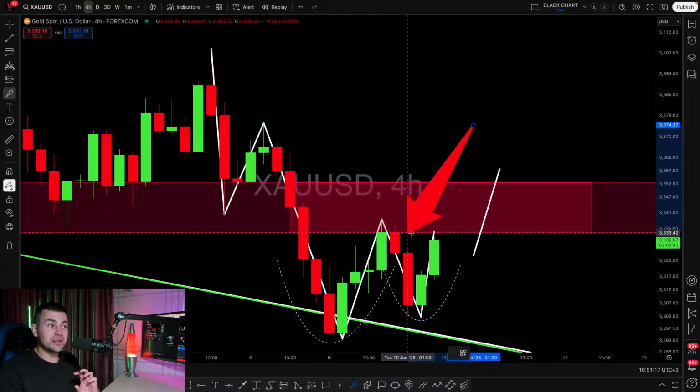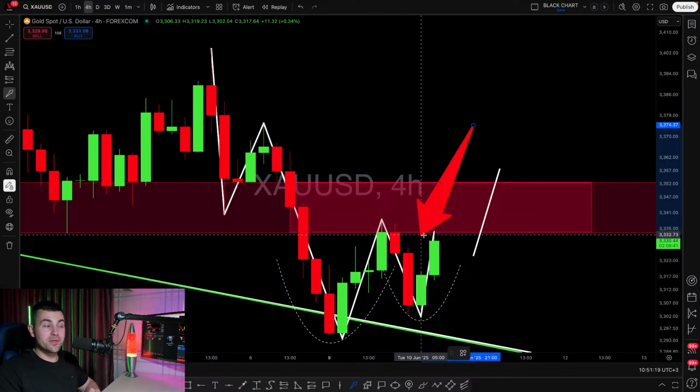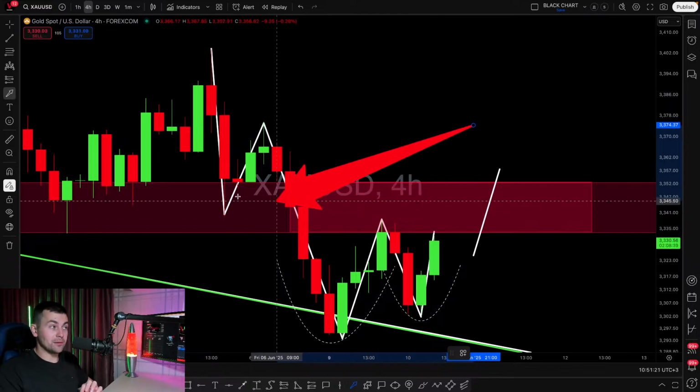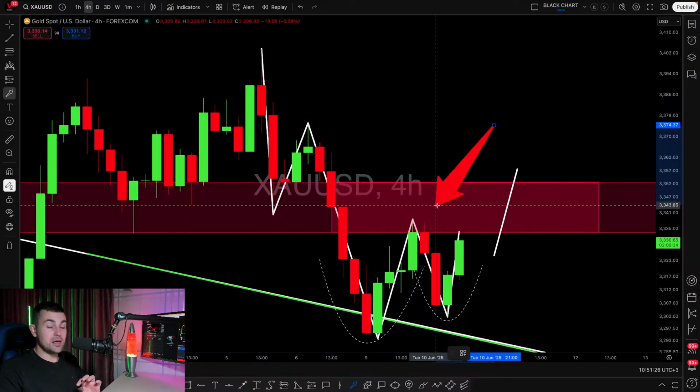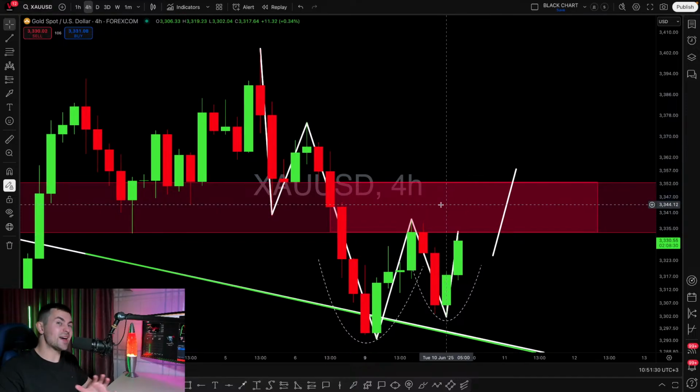We will violate the neckline of this cup and handle pattern, and we will violate this intraday daily supply zone. We will have a lot of different bullish confirmations, and all these bullish confirmations will provide one significant bullish signal for us.